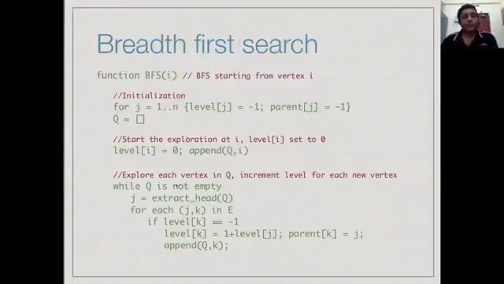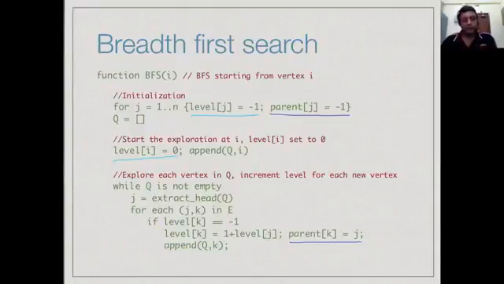This can also be easily added to our code along with the parent code. Last time we added this assignment for the parent. Now we also add the assignment for level. Initially the level of each vertex is undefined, so it is some nonsensical value like -1. Then the level of the start vertex is 0. Whenever we visit a new vertex, if it is visited, it must have a level.